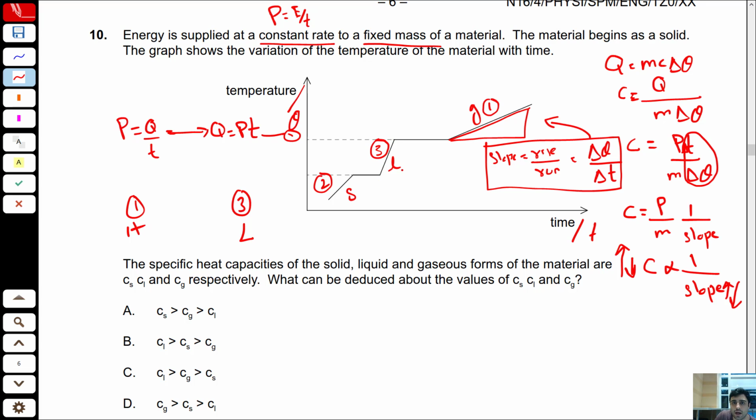So if the slope is the highest, according to the inverse proportionality relationship, the specific heat capacity will be the lowest. So the order is gas as the largest, and then we have solid, then we have liquid. So liquid is the lowest, or I should call maybe H, highest and lowest. So we will go from gas to solid to liquid. So gas, solid, liquid, part D.